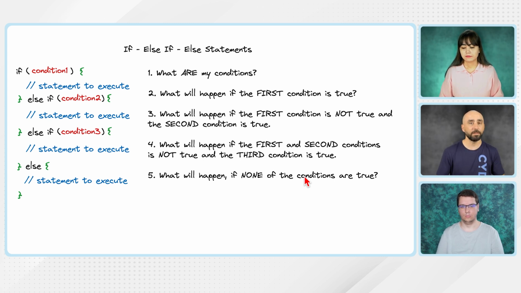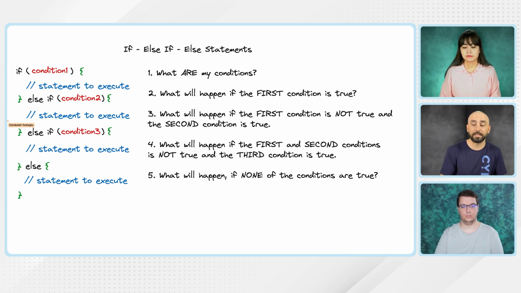Okay, let's check the syntax first. If, parenthesis, condition one, and if condition one is true, what to do? Statement to execute. Else if, you see, not else. Else if. Why? Because we will have another condition to check. Condition 2. And if that condition is true, what to do? Statement to execute.